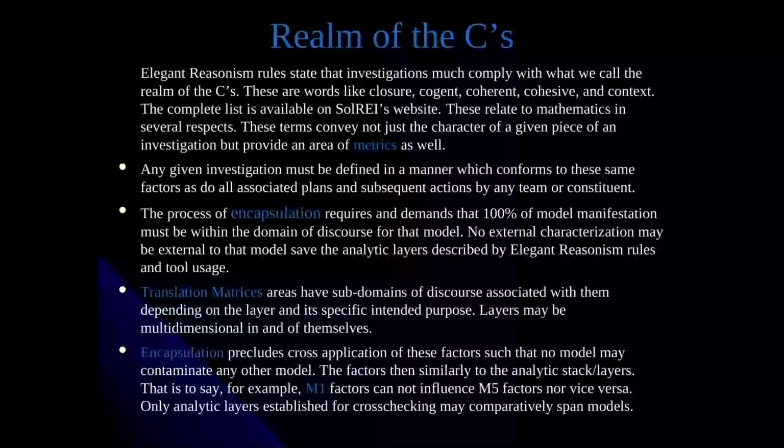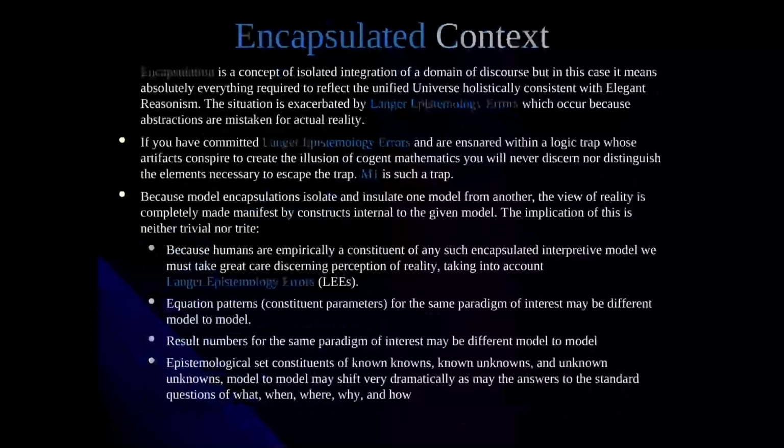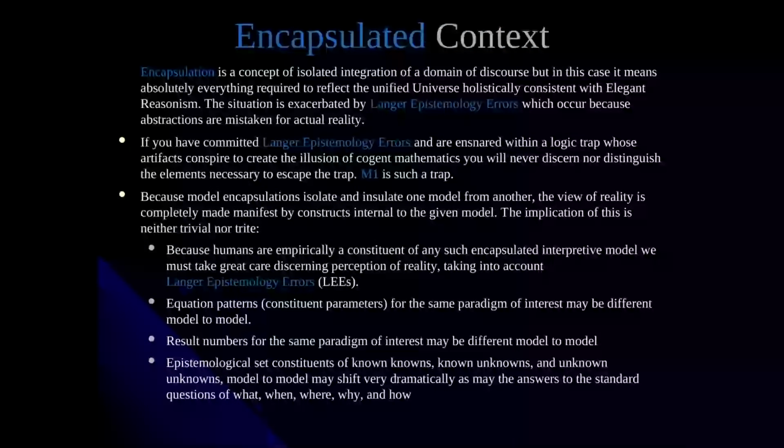Because model encapsulations insulate and isolate one model from the other, the view of reality is completely made manifest by the constructs internal to the given model. And it doesn't matter what model that is, whether it's M1, M2, M0, M5, M6, it doesn't matter. The implication is that we talked about human physiology as it relates to empiricism.